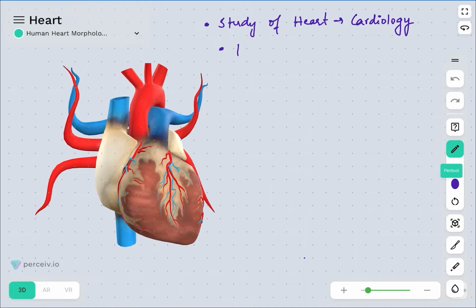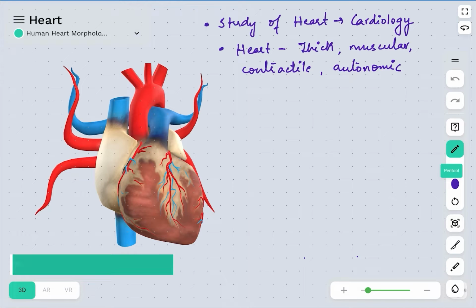So the heart is thick. Then it is muscular also. Then contractile, then it is autonomic also. Autonomic means the heartbeat occurs as an involuntary action.